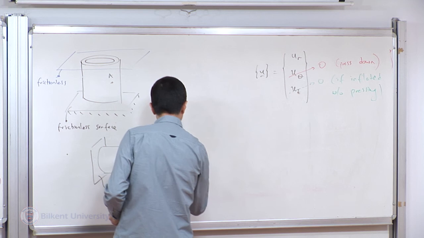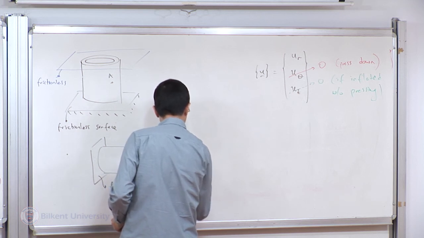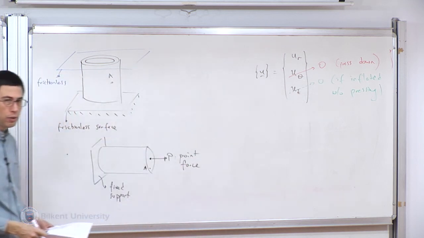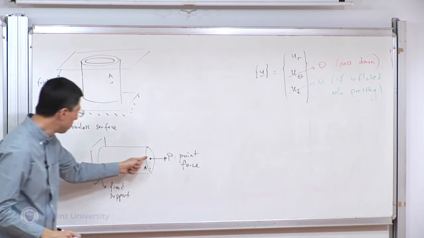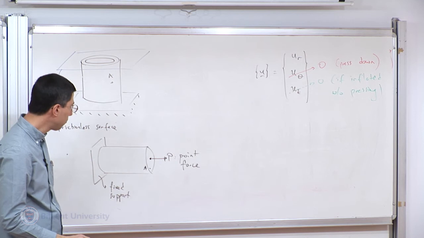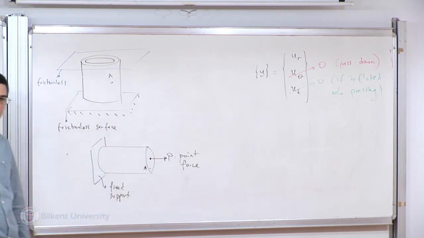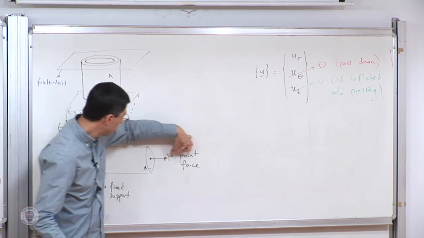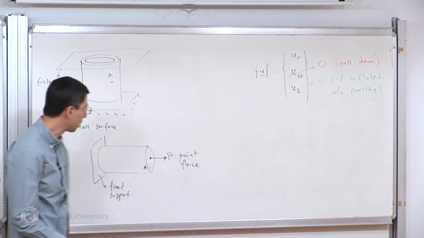So this is an ideal point force. Of course, it's an idealization. You cannot apply force at a point. It has to be, in the end, distributed over a small but finite area. But let's say it's a point force, okay? I attached a string, and I'm pulling on the string.